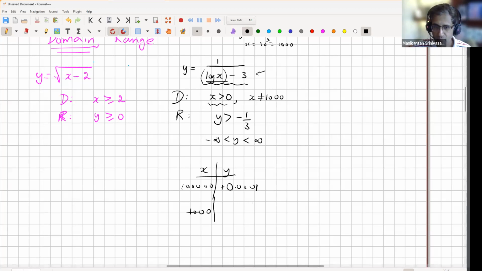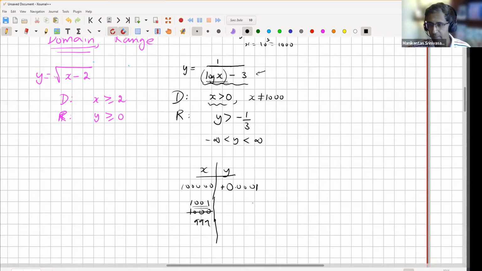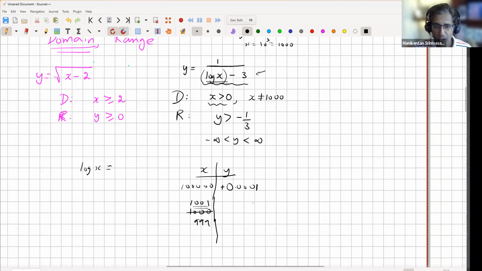Now x comes gradually close to 1000. 1000 is forbidden, I won't take 1000, but I'm okay with 1001 and 999. Whatever is forbidden, you want to test what happens nearby. Suppose x is 1001. Then log x will be approximately 3.0001 something.